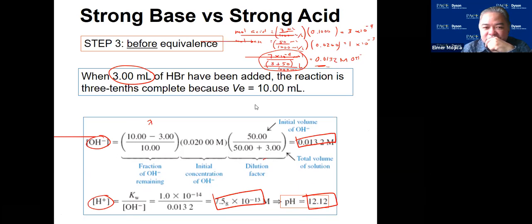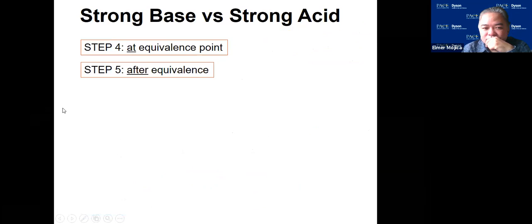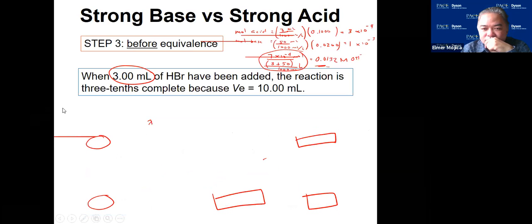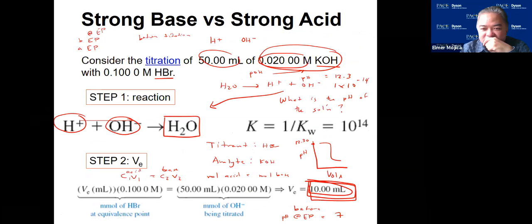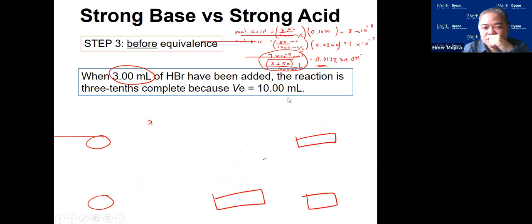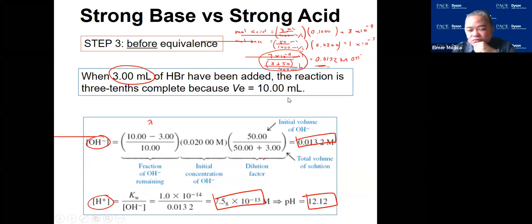Okay. At the beginning, we have what? At the beginning, we have 12.3 as written here. Okay, not 36, 12.30. So as you add 3 ml of your acid, the pH went down to 12.12.